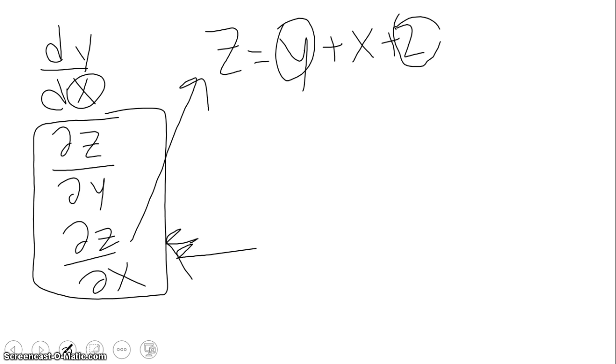Now the derivative of a constant is always 0, right? So the derivative of 2 is 0, and the derivative of y will be 0. So those will both zero out. Now what's the derivative in terms of x of x? That's just 1. So the answer to this partial is 1.